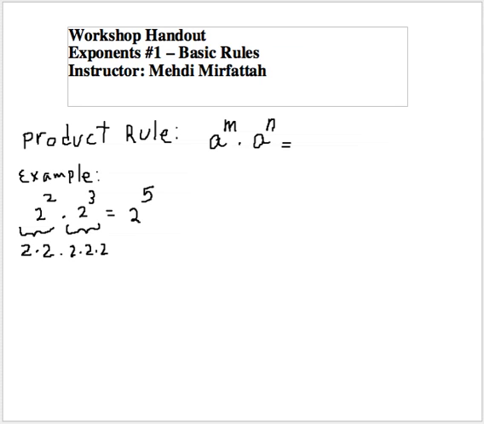So the product rule, a to the power of m times a to the power of n, looks like we are keeping the base a, and to receive 5 from 2 and 3, we're adding the exponents. So Sandra, can you tell me what I should put for the exponents here? A to the power of m times a to the power of n would be a to the power of what?